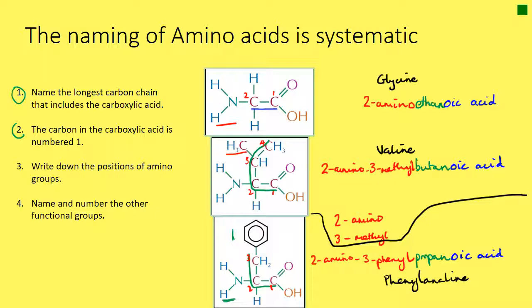Well, as it happens, this is just something you need to remember. We write 2-amino, 3-methyl. So let's write that down. And that's how we write that middle amino acid. In case you're interested, its common name is valine.